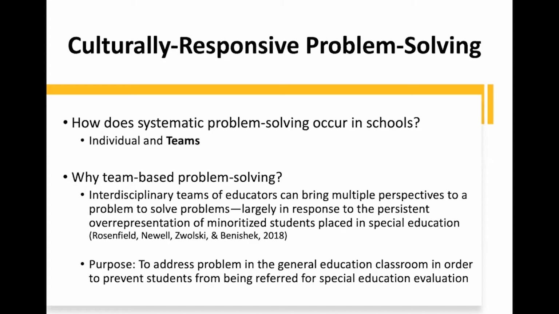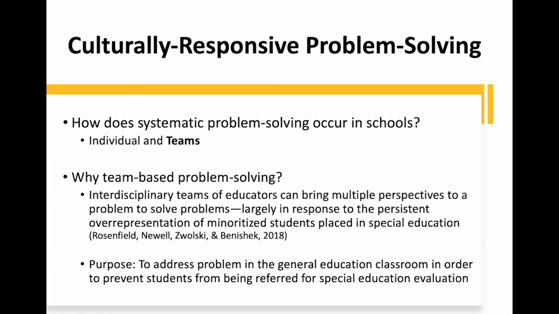Problem solving teams came out of, the strongest push for them came out of the need to address the issue of overrepresentation of minoritized students in special ed. When the first special education law was codified back in 1975, we already were seeing an overrepresentation of minority students in special education. Actually, it was even occurring before that in the more informal settings.